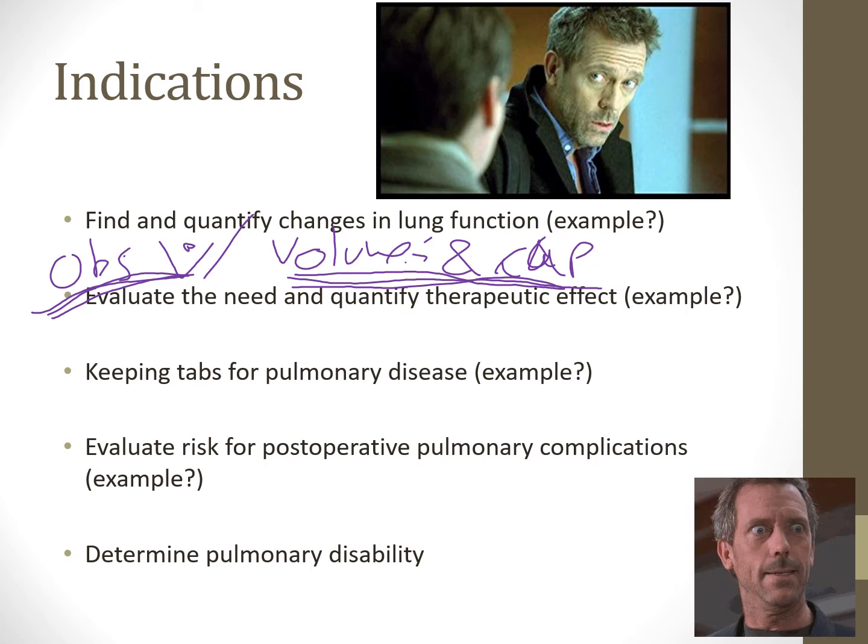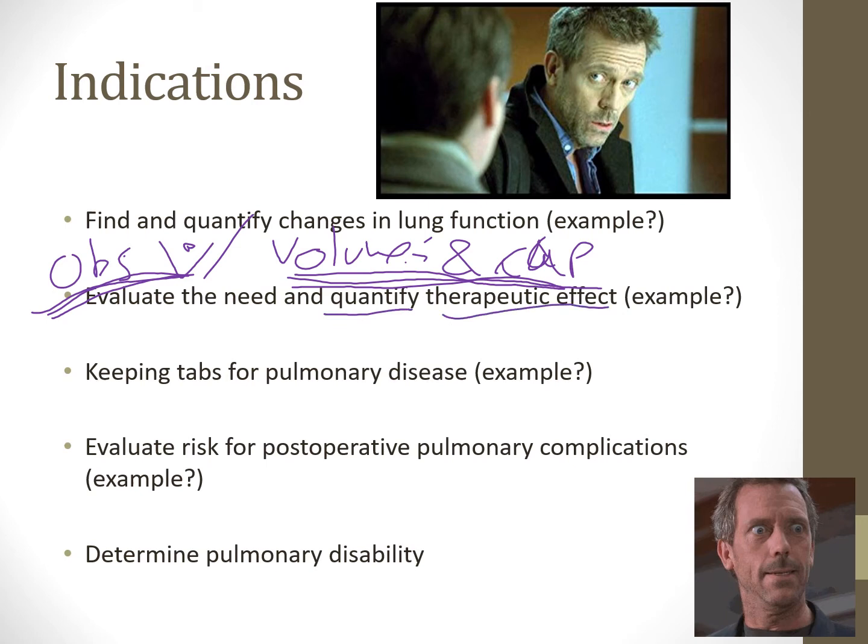Or is it pulmonary fibrosis developing, like an interstitial lung disease that's causing scar tissue to develop? Right? So I can quantify changes in lung function, see how bad it is and what the reason could be for that dyspnea on exertion.